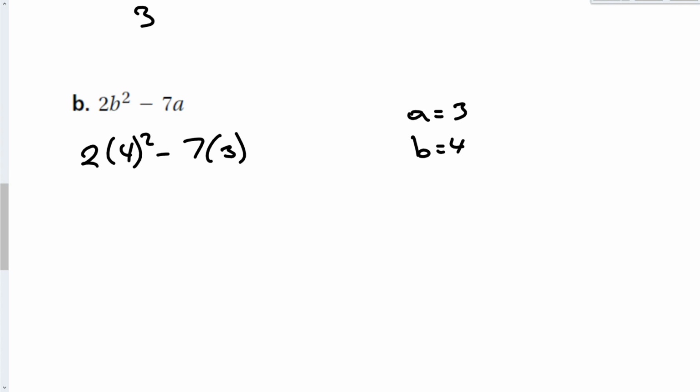So we're going to do 4 squared first, which is going to be 2 times 16 minus 7 times 3. Exponents first. So now we got 2 times 16 gives me 32 minus 21, and subtract to get 11. Okay? Not too bad.